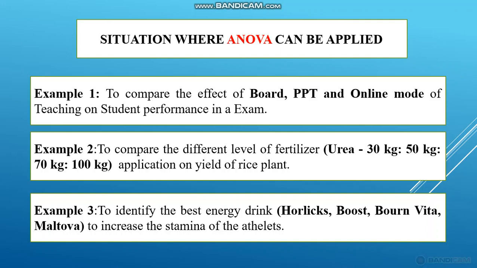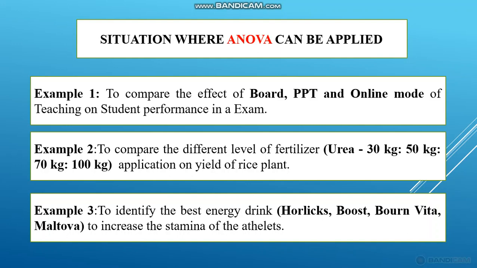So in the first example we have three means, in the second example four means, and in the third example four means. In these examples the number of means is greater than two, so we can apply ANOVA to test whether a difference is there or not.